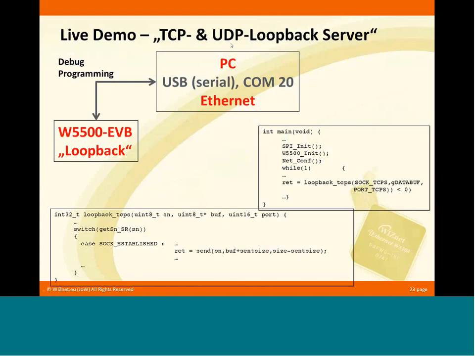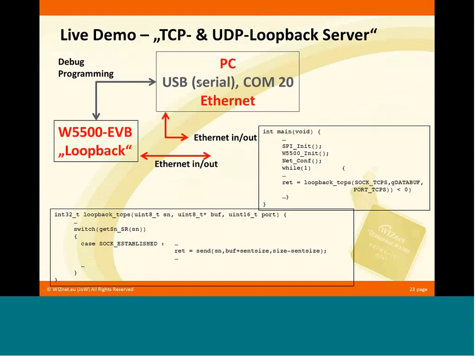Every piece of data that comes in from the Ethernet side into the module is just looped back into the Ethernet. So if I have a PC connected via Ethernet to our module, I send the data in, and the data is just reflected, sent back to my PC.